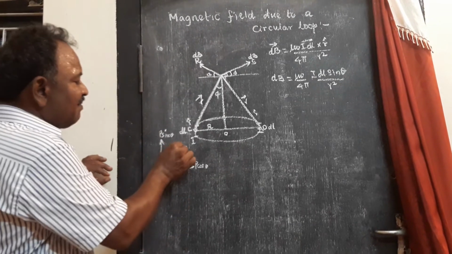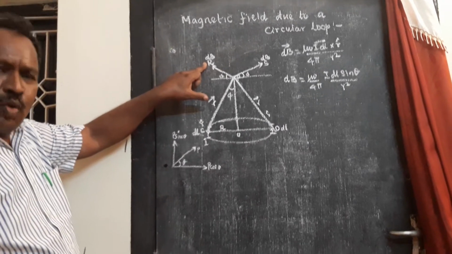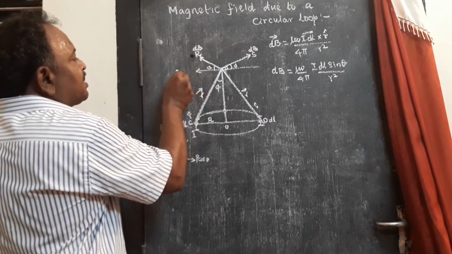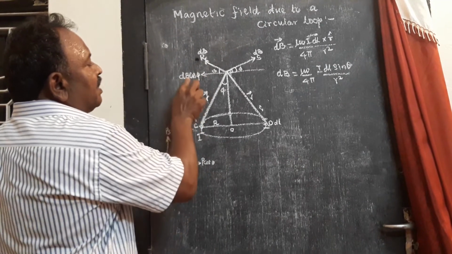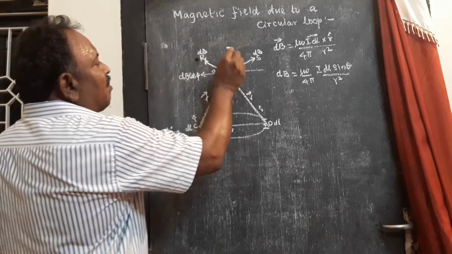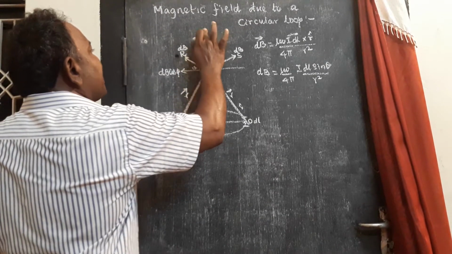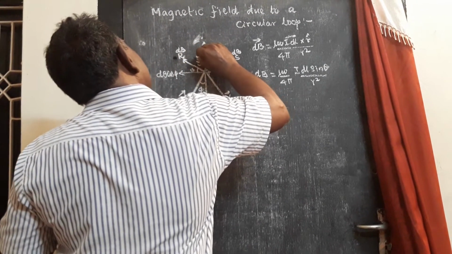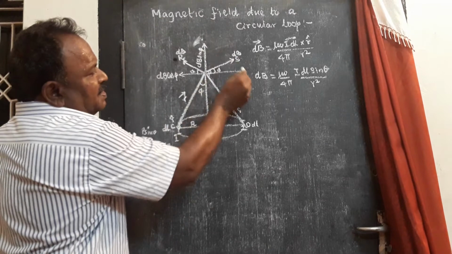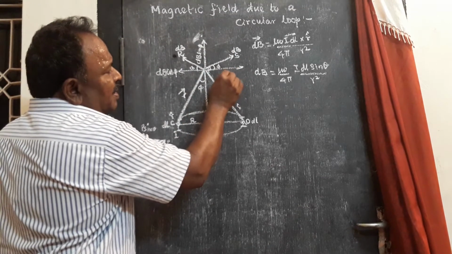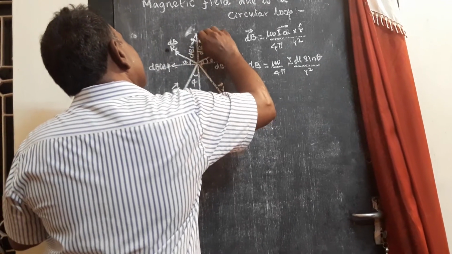Based on this, dB can be resolved into two components: dB cos phi is the horizontal component and dB sin phi is the vertical component. Similarly, this dB can also be resolved into dB cos phi and dB sin phi.